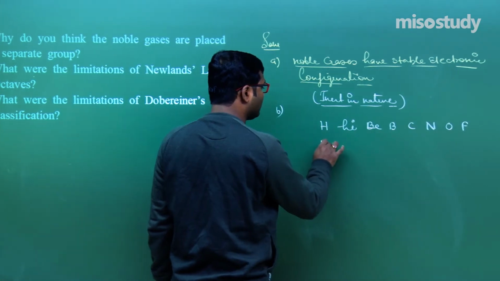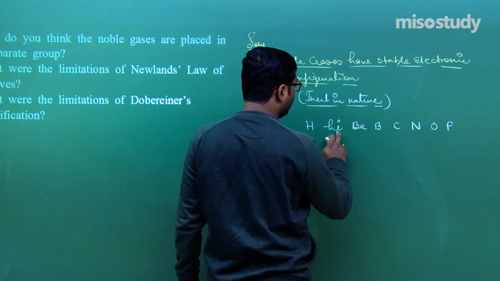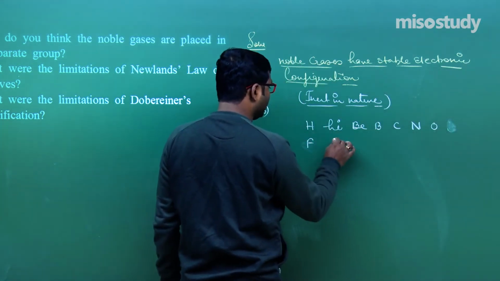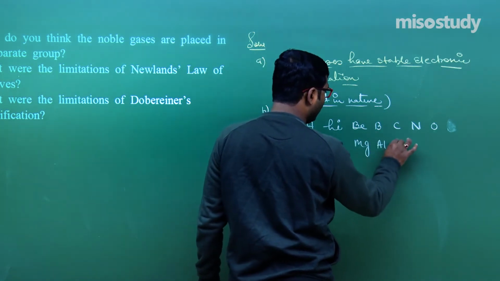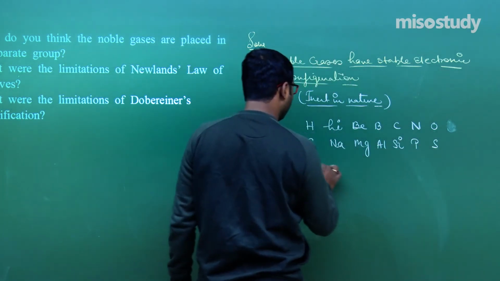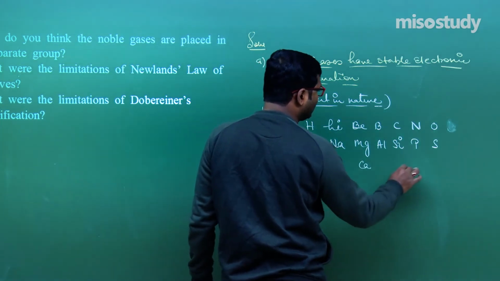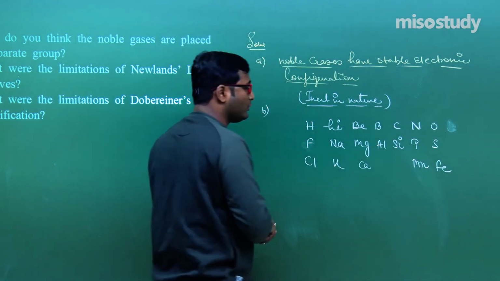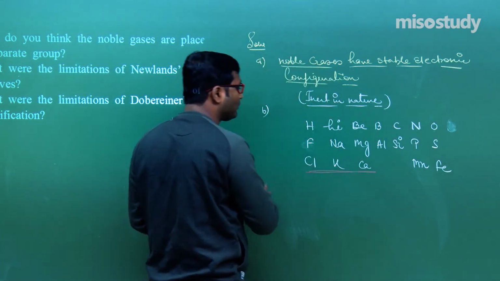Then there comes hydrogen, lithium, 1, 2, 3, 4, 5, 6, 7, 8, fluorine. Then sodium, magnesium, aluminium, silicon, phosphorus, sulfur, chlorine, then potassium, calcium. After that he put wrong ones: he put here Fe, he put here Mn. Newton's law of octaves was valid up to 20 elements, that is up to calcium.